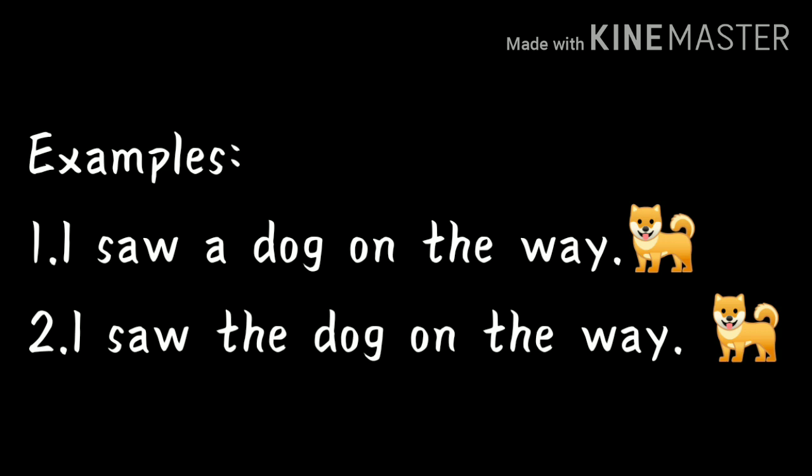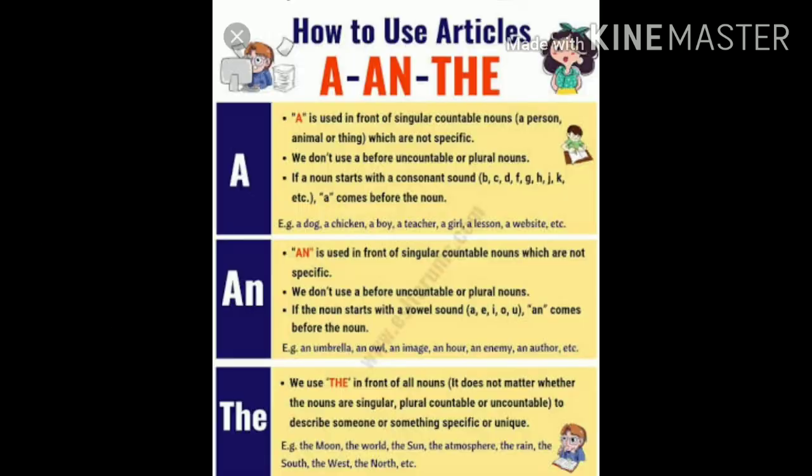Example number 2: I saw the dog on the way. In the first example, we have used a dog, and in the second, the dog. In the first example, a dog means any dog, and in the second example, the dog means the dog that you know before.